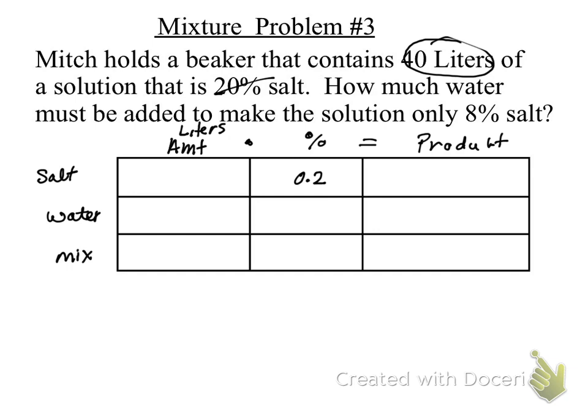Do you understand? How much water? Do we know how much water? No. So what do we call it? X. We call something we don't know X. Okay, that's not the mix. It says how much water.